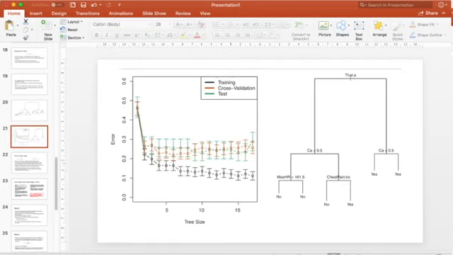However, after the size of 5, starting from 6 and above, the error rate for the testing and for the cross-validation actually increases. So here we can say that the optimal number of terminal nodes is actually 6. Okay, sorry, it's not 5, it's 6 here. So after we prune the tree, we have decided that the optimal number of terminal nodes is 6. So we end up with this pruned tree, where you can see that you only have 6 terminal nodes here.